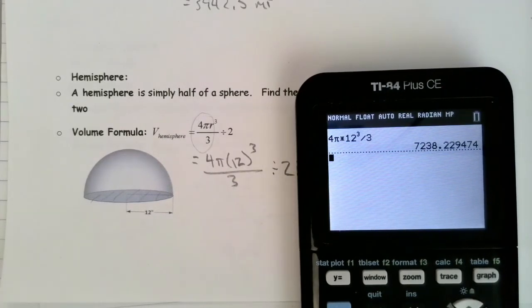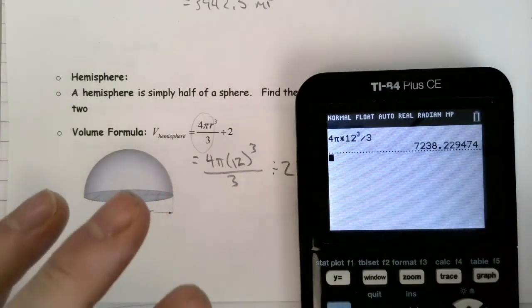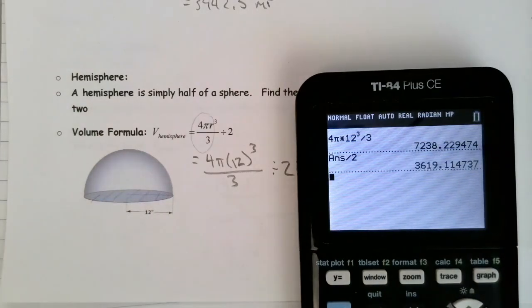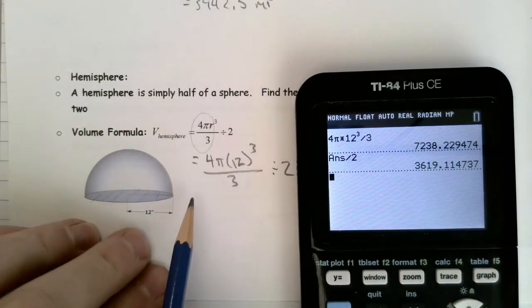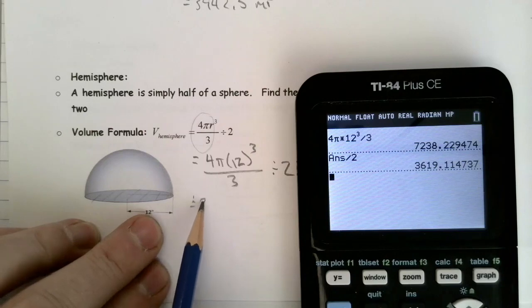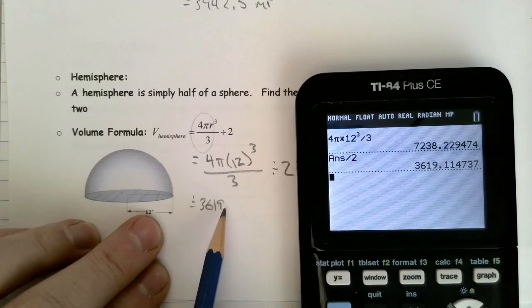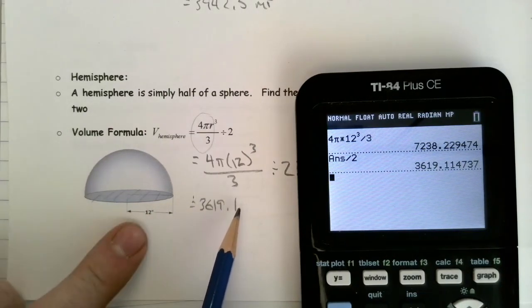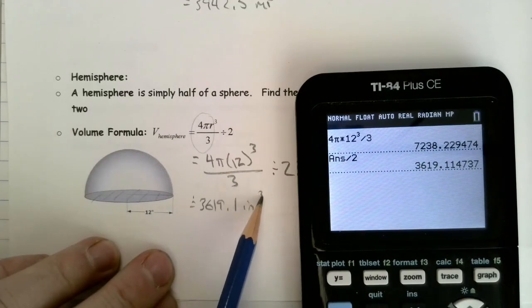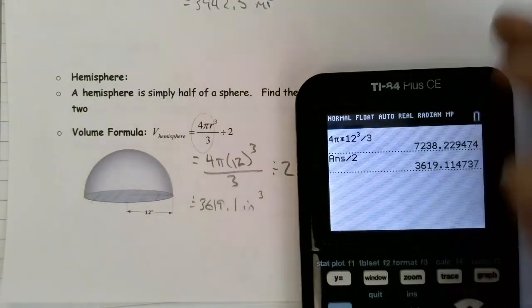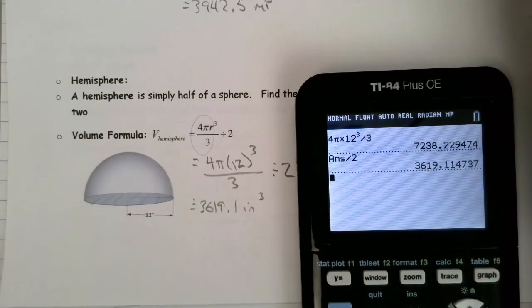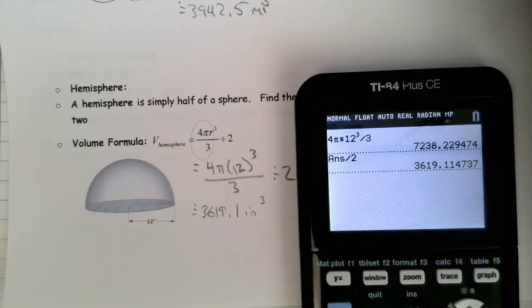So that's the sphere. And now what we're going to do is divide that by 2 to get the hemisphere. And what we're getting is it's approximately 3,619.1, and this is inches cubed. Okay, and so there you go. That's how you find the volume of these cones, pyramids, and spheres.